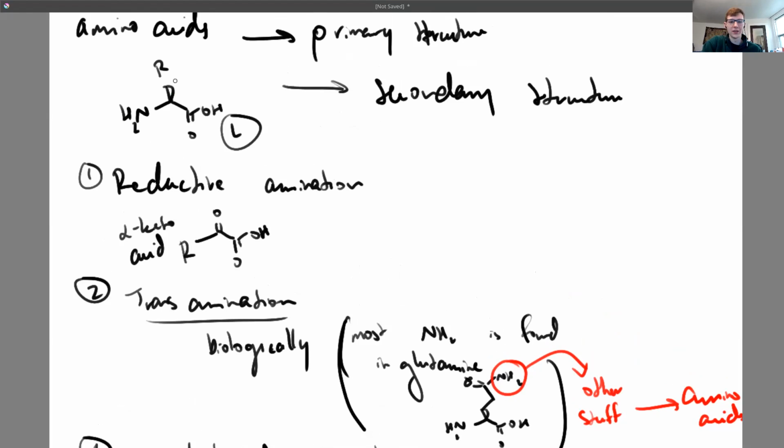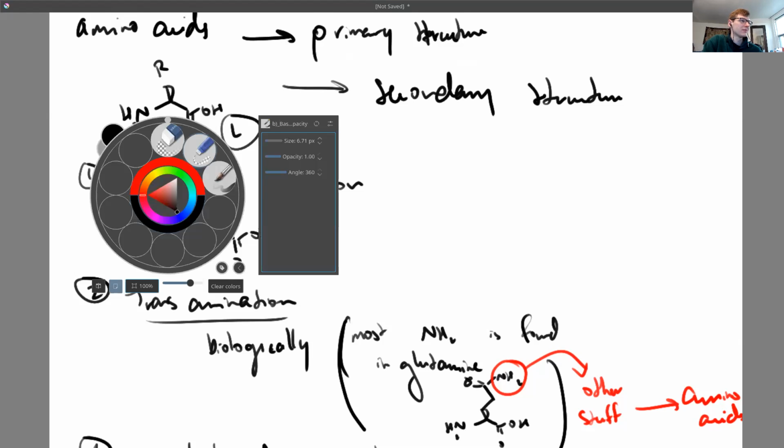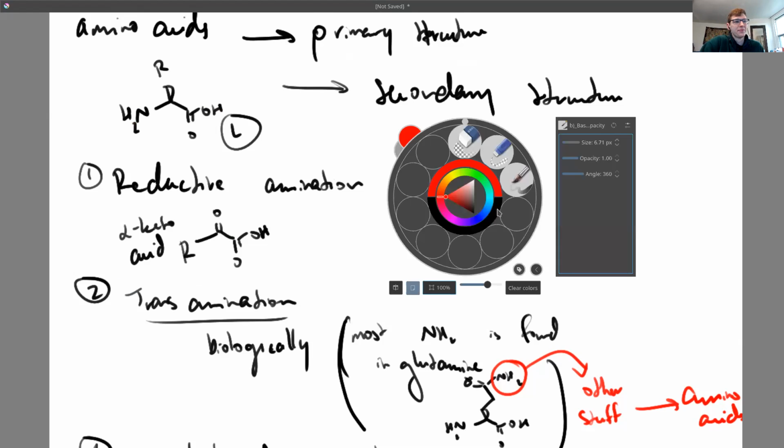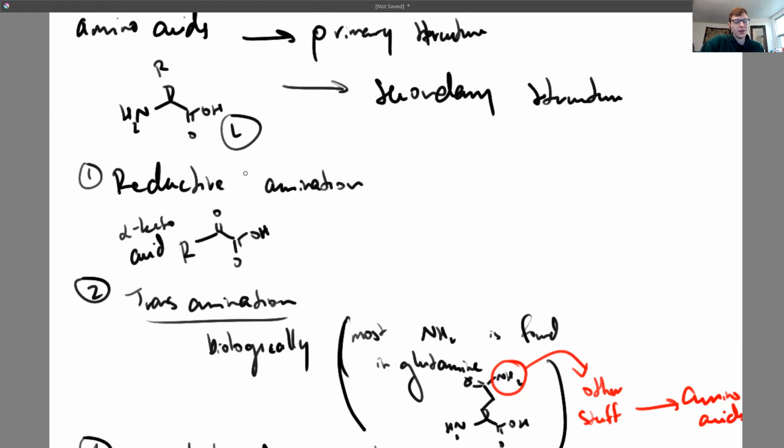So we have an L amino acid, and I always draw the nitrogen on the left, the acid part on the right, and then this R group up top. If you want to be very accurate, this should be a plus and this should be a minus, and there should be no hydrogen here, because in solution it's usually found as a zwitterion, meaning that it has both a plus and minus charge, but it's not a huge deal.